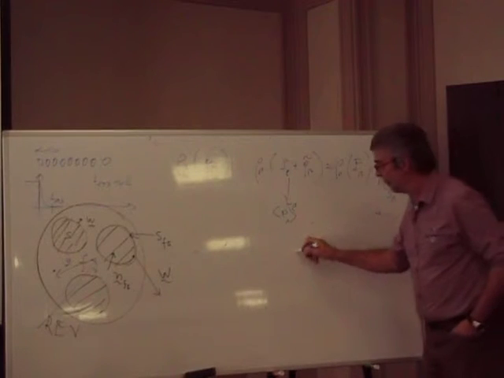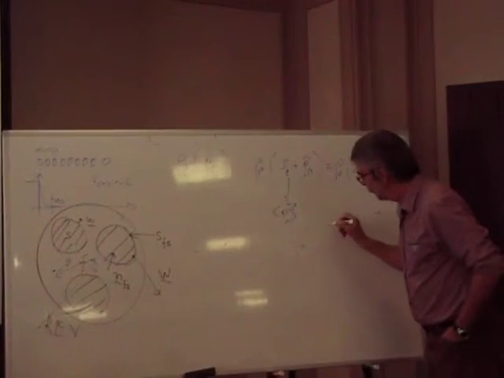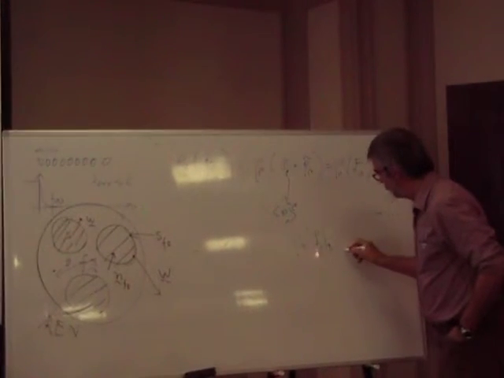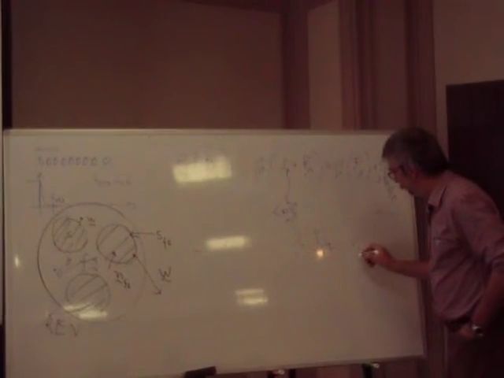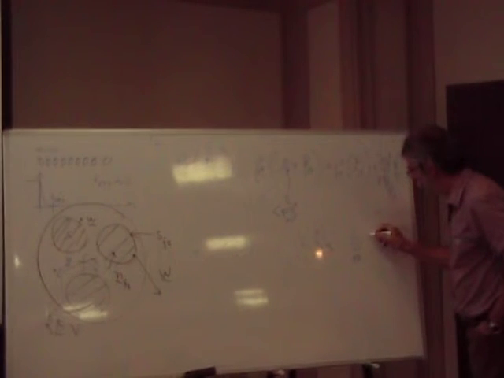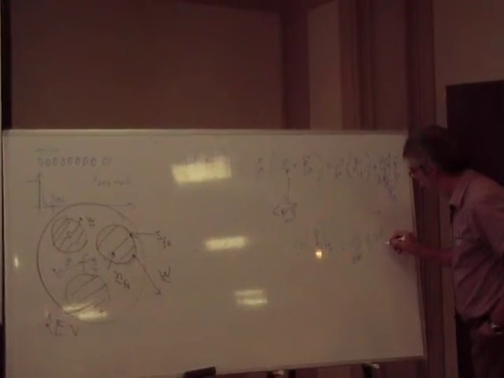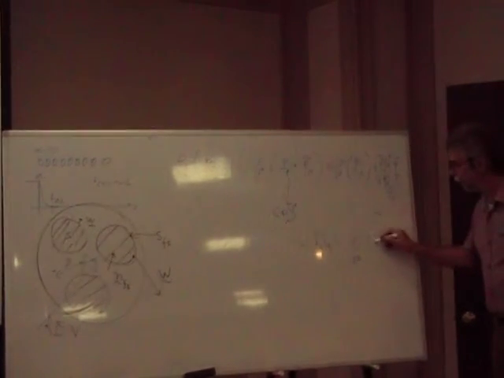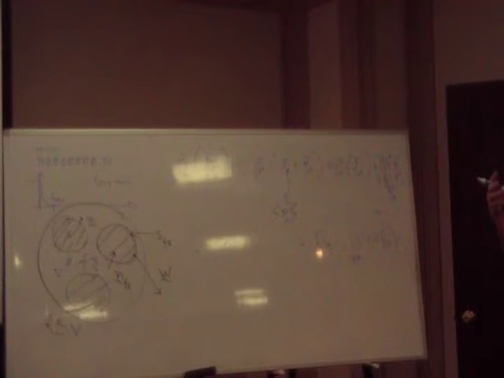So same stuff, I do the same. This time, when I do the averaging, I will have something like that, plus a term that accounts for the variation of the average pressure over the averaging volume.